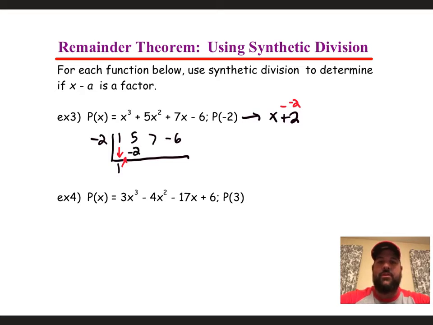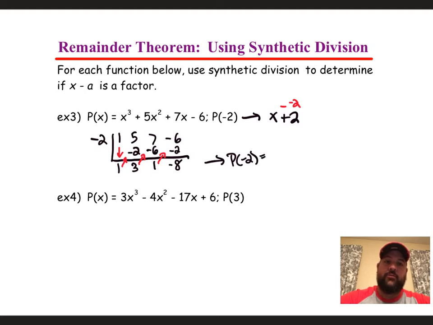Add those together. That's going to give me 3. Negative 2 times 3 gives me negative 6. And then 7 plus negative 6 is 1. Negative 2 times 1 gives me negative 2. Negative 6 and negative 2 adds up to negative 8. So what this means, p of negative 2 equals negative 8.